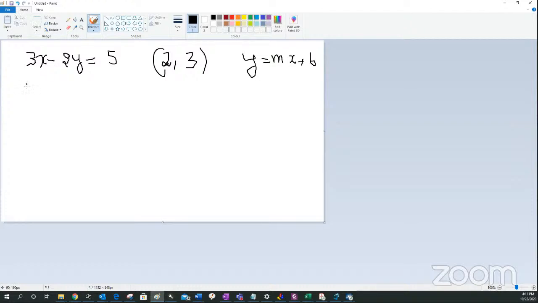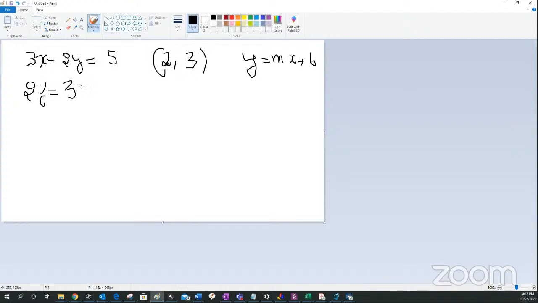So we know that 2y, we can move it however you want. You can move the 2y to this side and bring the 5 to this side, whichever one you want. I usually like this way, so I'm going to put 2y equal to 3x.